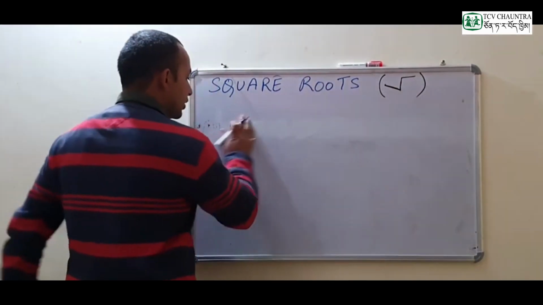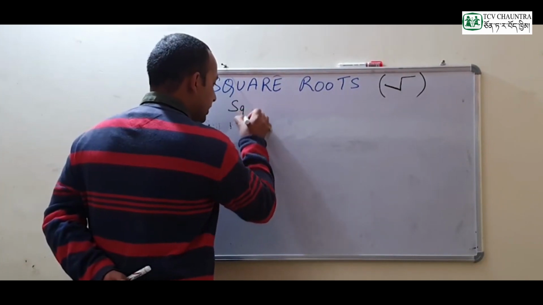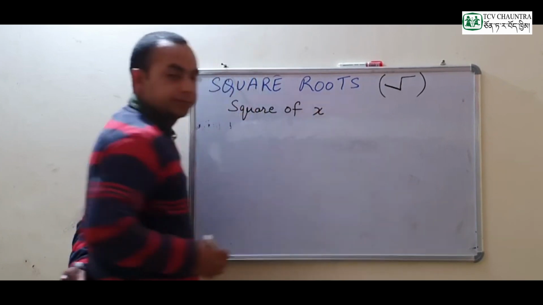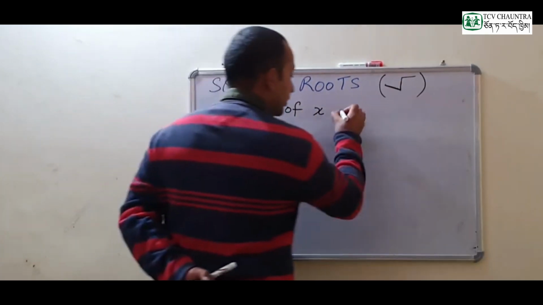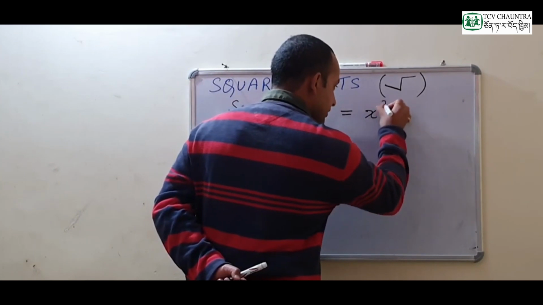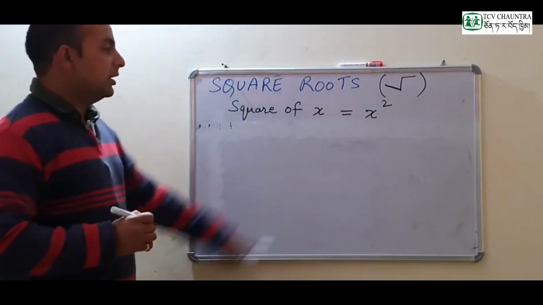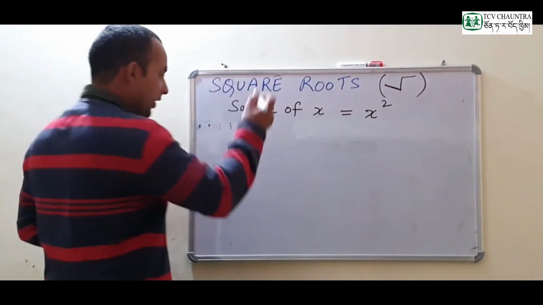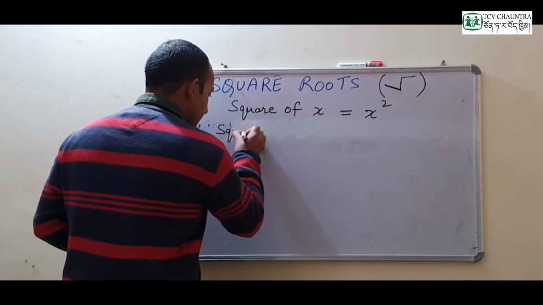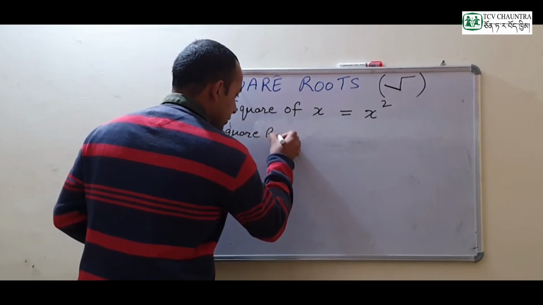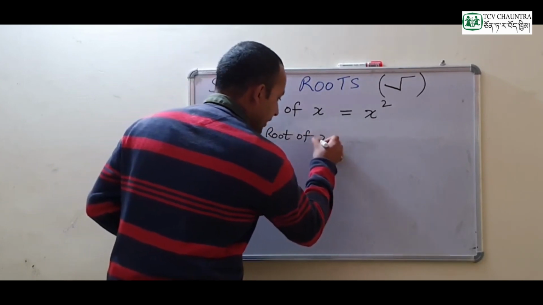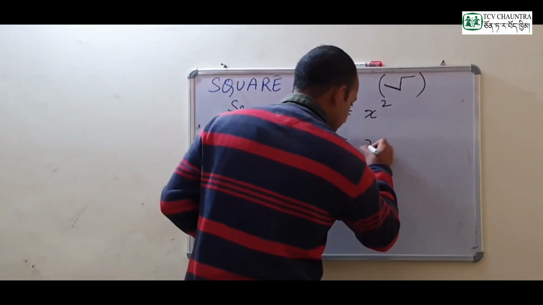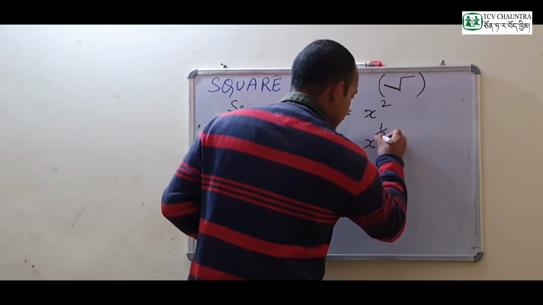The square root of x means x raised to the power 1 by 2, that is, x to the power 1 upon 2.